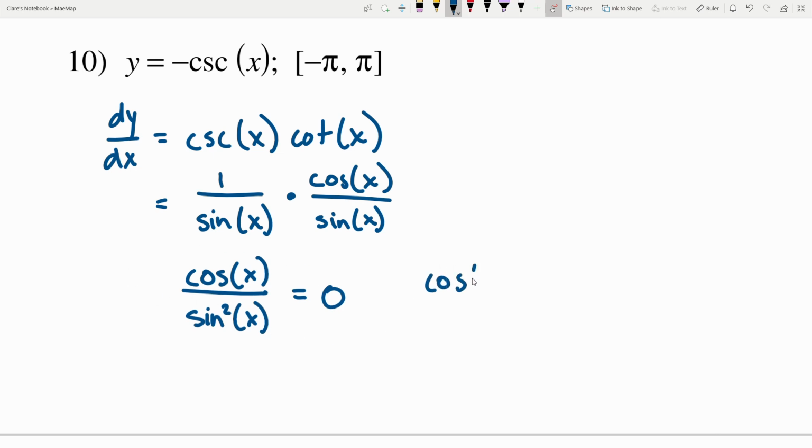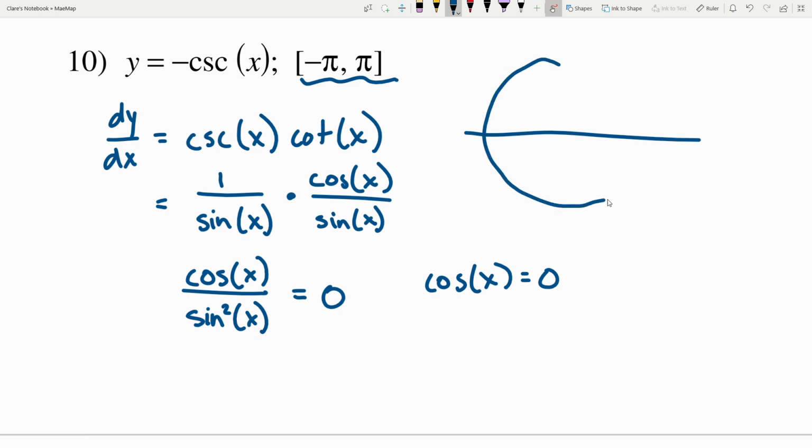So when does the cosine of x equal 0? Well, on the interval from negative pi to pi, if I was to draw my unit circle, if you like to look at a unit circle, negative pi is over here, here would be 0, and then continuing around would also be pi. So if we're looking at this interval, when does the cosine equal 0?